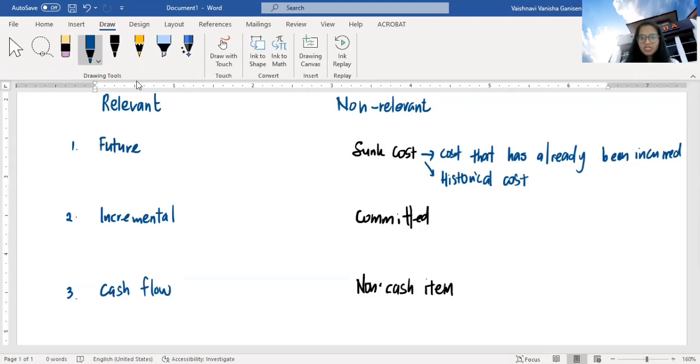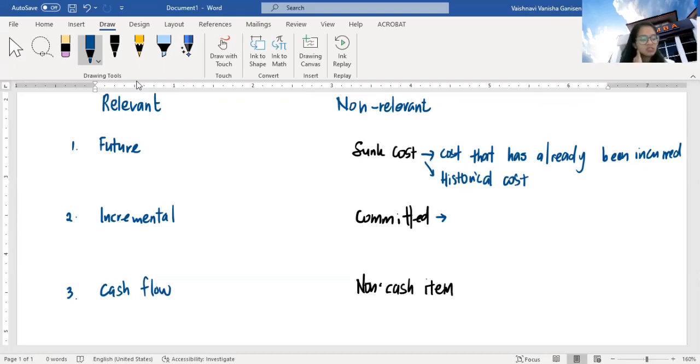Now, a committed cost is a cost that you have already agreed to incur for a specific duration or for a certain amount of time. Example, a committed cost is what you call rental. Why?